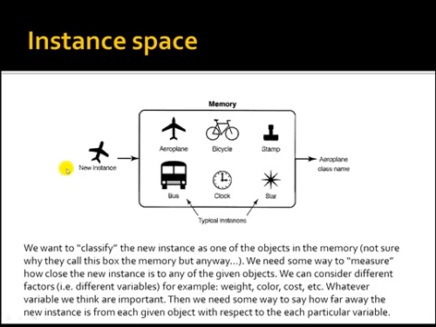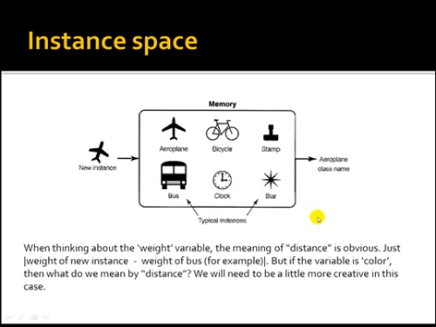So, like in terms of the weight, how close is this to this one? How close is this to this one? And then, so that's with respect to weight. Then talk about the cost. How close is this to this in cost? How close is this to this in cost? And so on. So with respect to each variable, we have to decide how close it is.